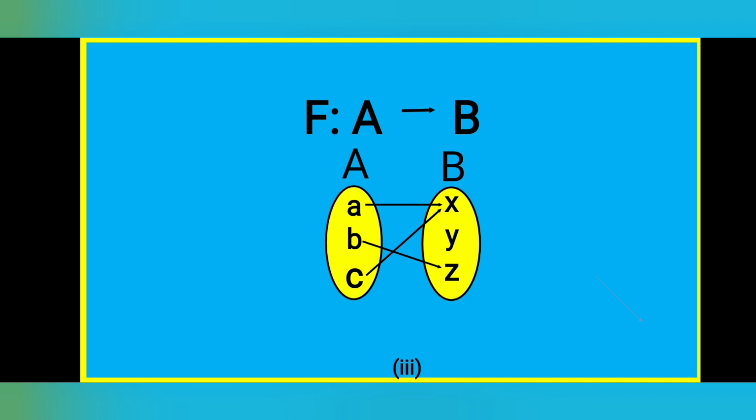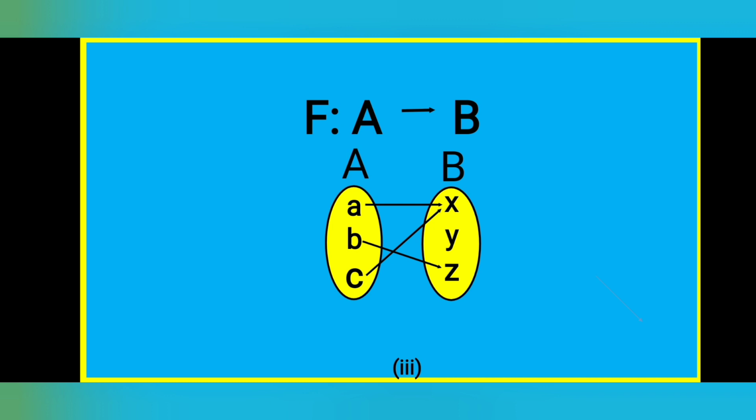Now, let's look at the last diagram. Here, we have set A with the elements a, b, and c, and also set B with the elements x, y, and z. We can see in this diagram that a is mapped to x, b is mapped to z, and c is mapped to x again.